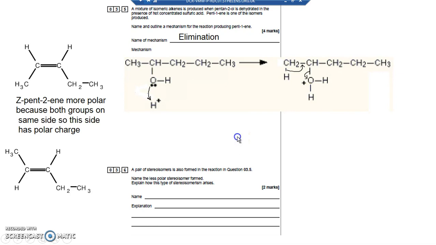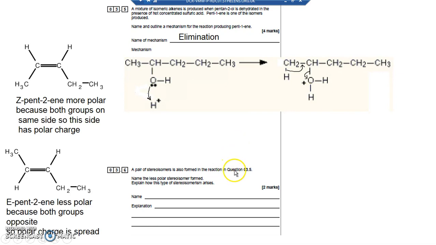A pair of stereoisomers are also formed in the reaction in question 3.5. So as I've said, instead of the double bond being here, pent-1-ene, you could have made pent-2-ene, because this hydrogen could have broken off to make the double bond here and kept the CH3 here. So if I'd made a double bond there instead, I would have made pent-2-ene.